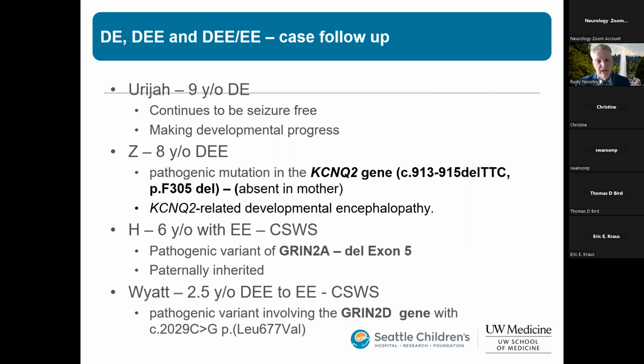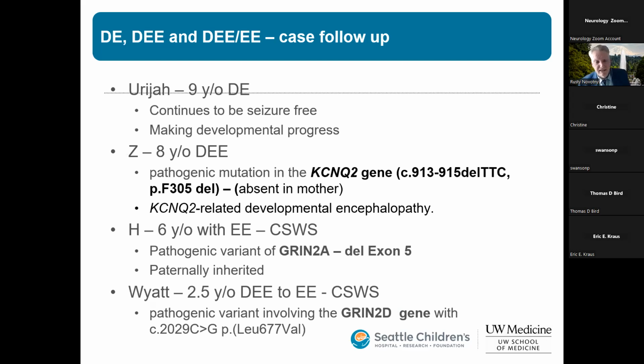The young boy who started in seizures, who had the Ohtahara syndrome, his epilepsy phenotype changed, and he has a pathogenic mutation in KCNQ2 and was very responsive to oxcarbazepine, which is a sodium channel drug that often is effective in this disorder. He still has an encephalopathy, but his seizures are better controlled.